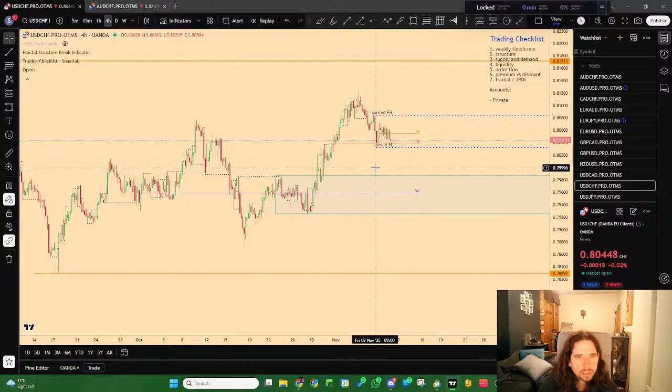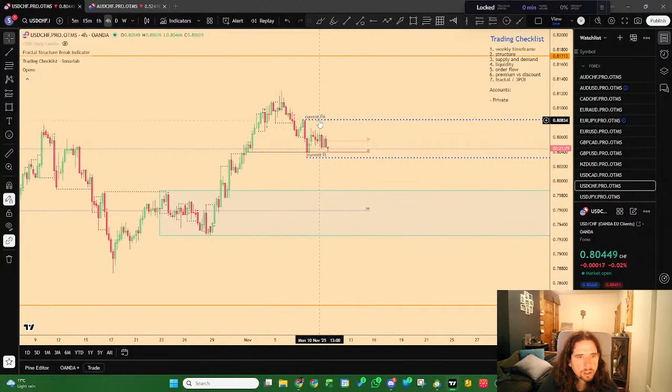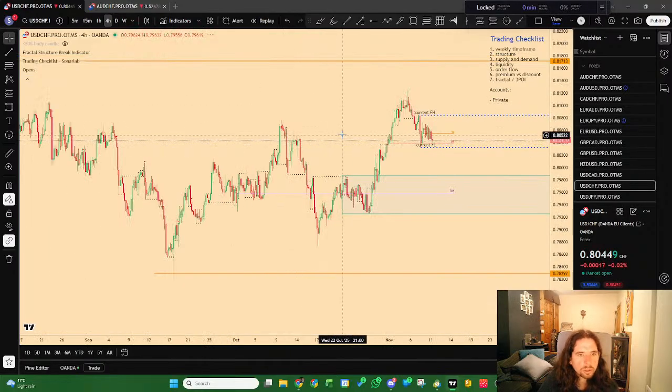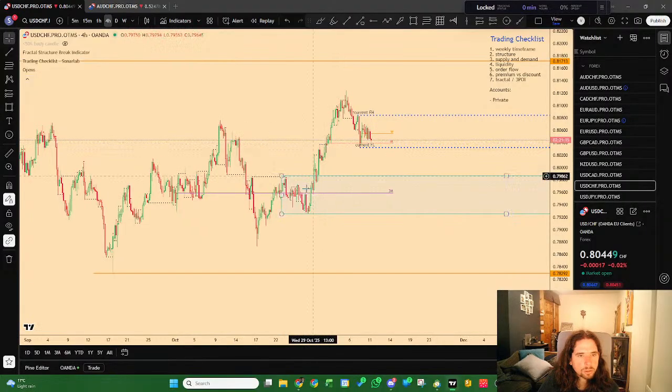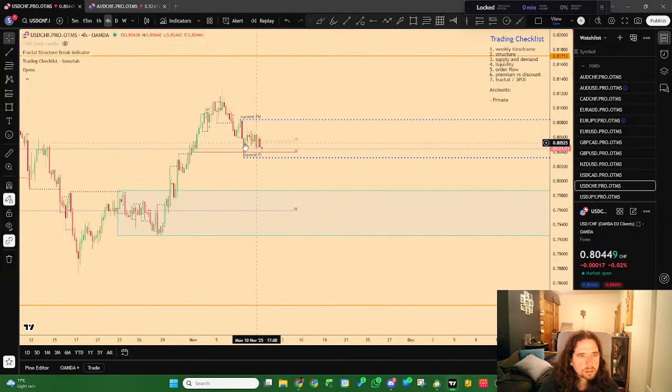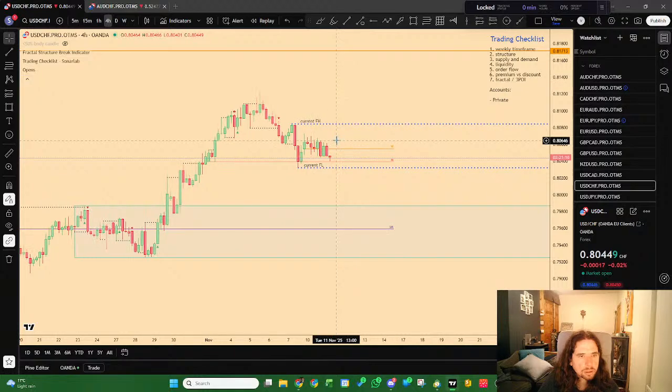In the 4-hour time frame, we changed the character there. So yeah, we're bullish on the overall, but also we might just pull back into this area here.